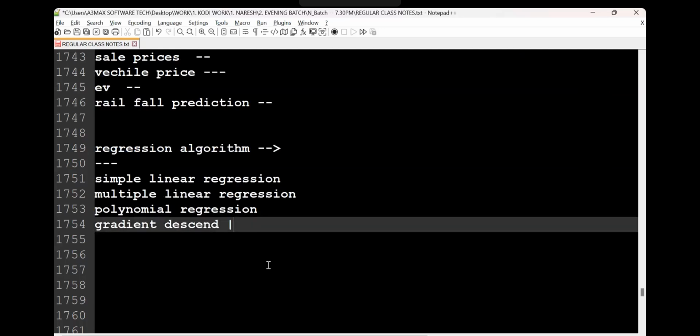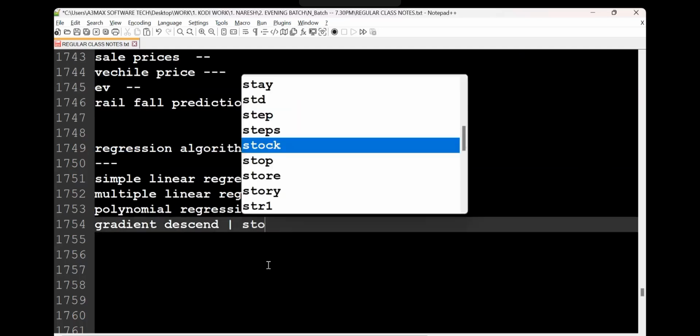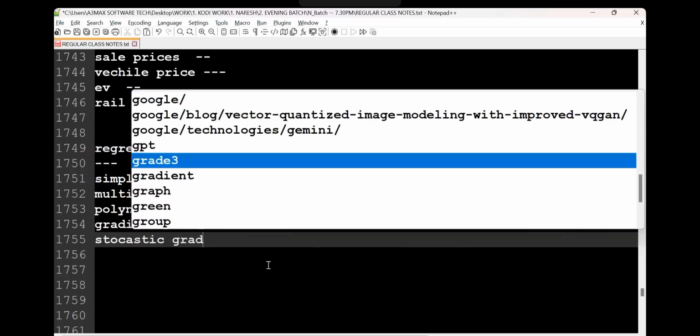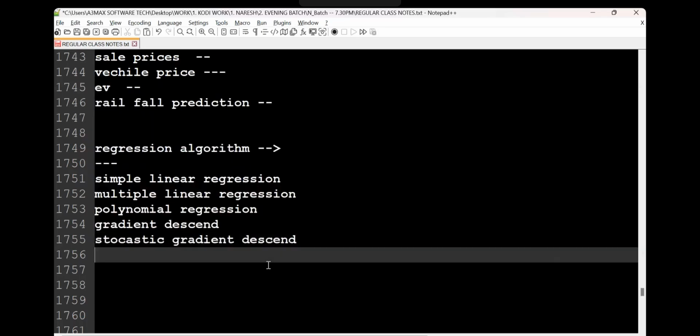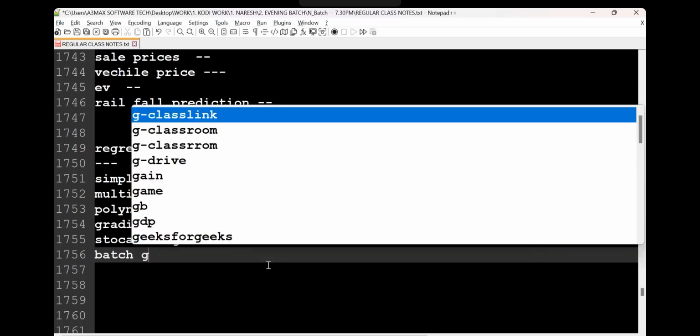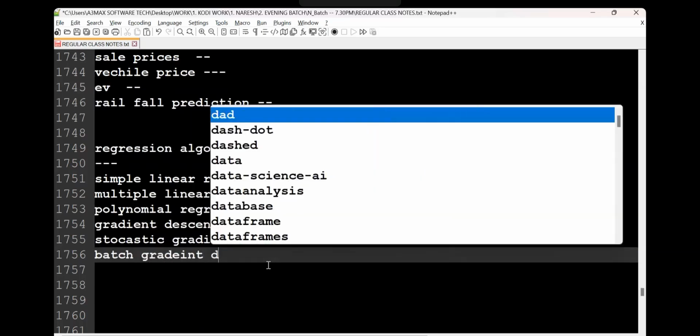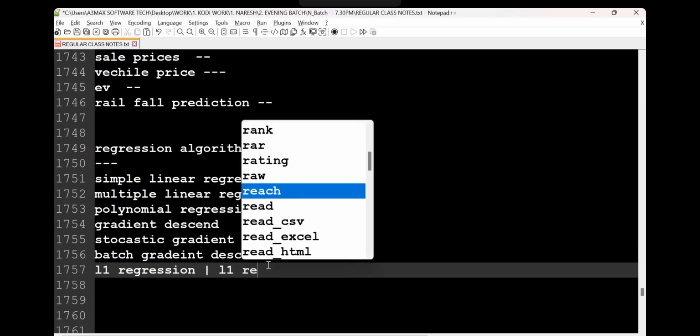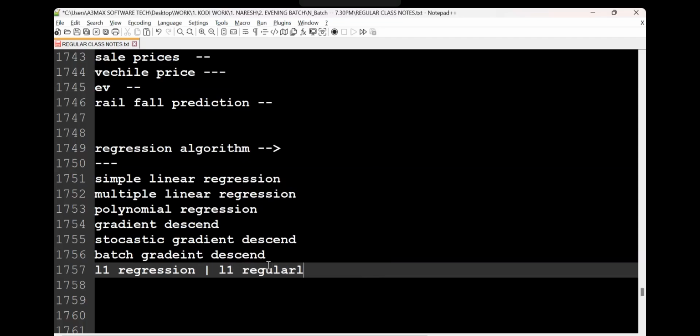And then we have stochastic gradient descent. Then we have batch gradient descent. And then we have L1 regression or L1 regularization.